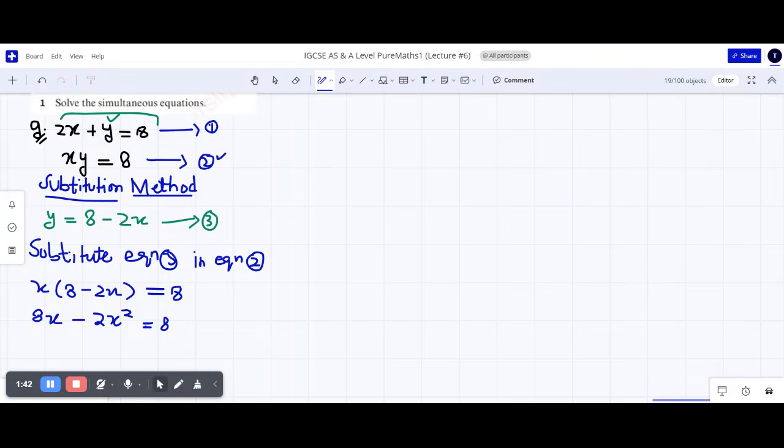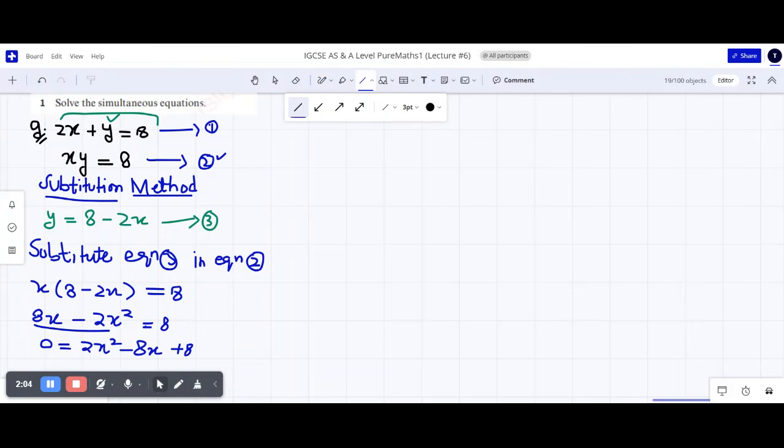So we will shift the 8 to the other side. Let's move these values there because x squared is negative and we need to make it positive. So it would be 0 equals 2x squared minus 8x plus 8.